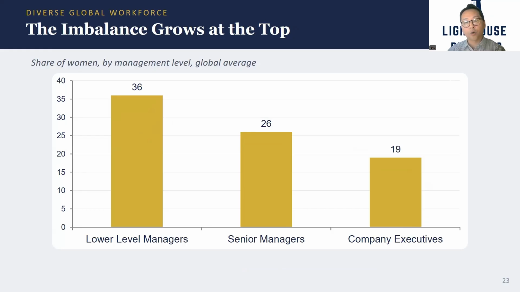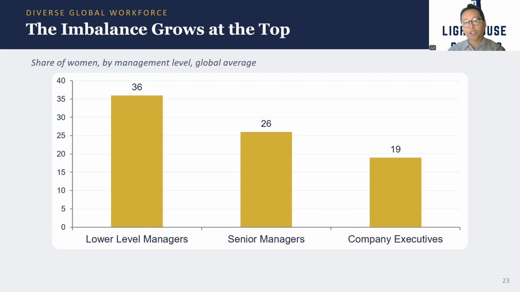The research also revealed important patterns. The imbalance between men and women tends to grow larger the higher up in the organization you look. For the average global organization, 36% of lower level managers were women, but that share drops to 26% among senior managers and drops again to just 19% among company executives.